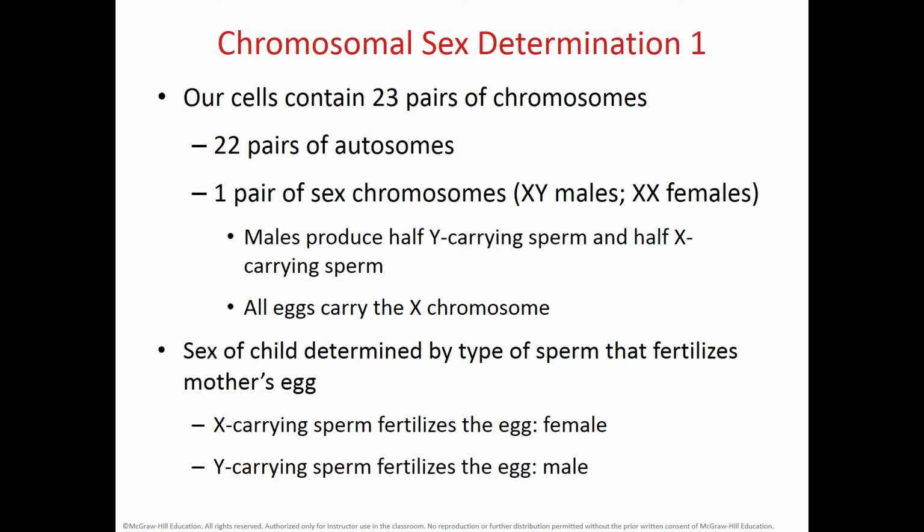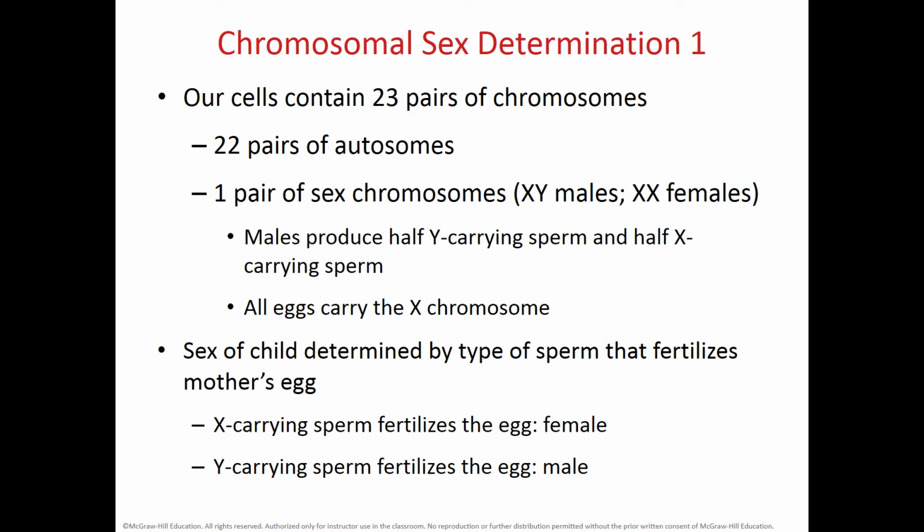And the absence of the Y chromosome is actually what determines female genetic sex, because there might be some conditions in which the person only has one X chromosome instead of having two. In that case, since there is an absence of the Y chromosome, the person will be a female.